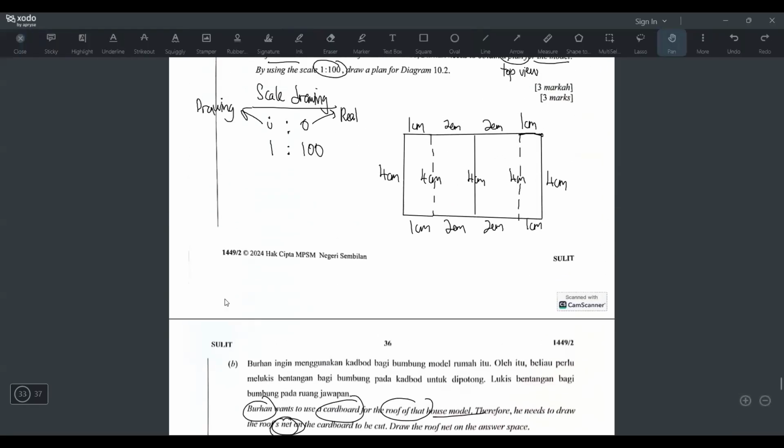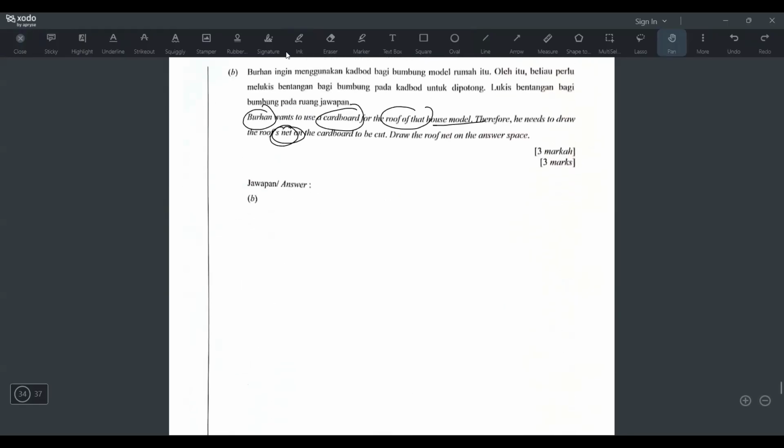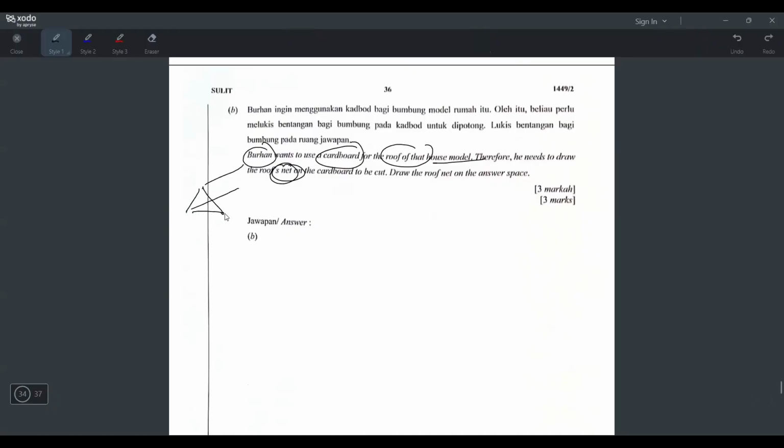If you look at the roof of the house, it's actually a prism with an isosceles triangle base. So let's imagine the isosceles triangle. So this is the isosceles triangle, and it looks something like this. So this is the roof. But you have to open it up because they want to draw the net.